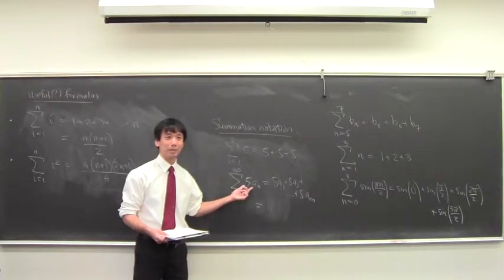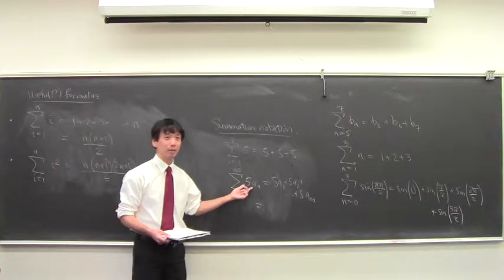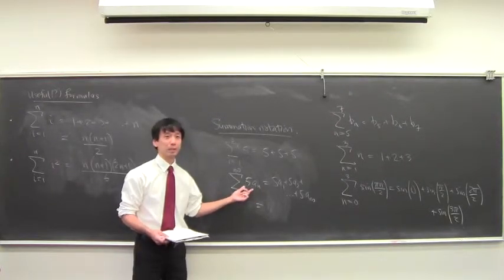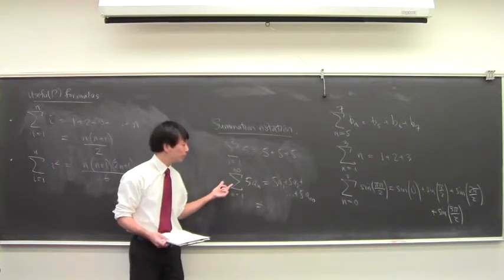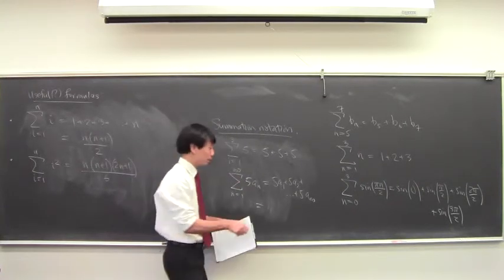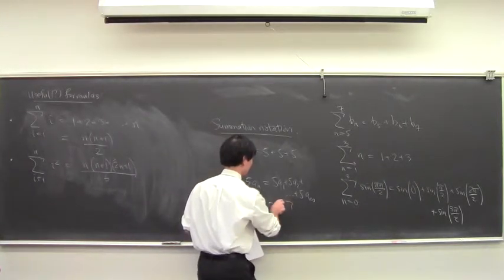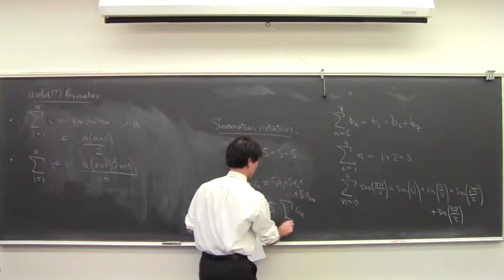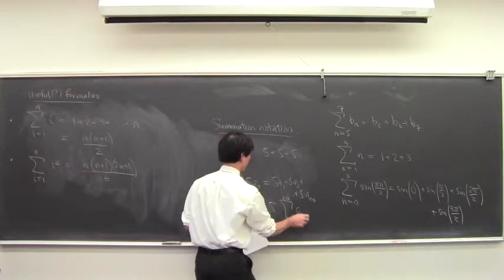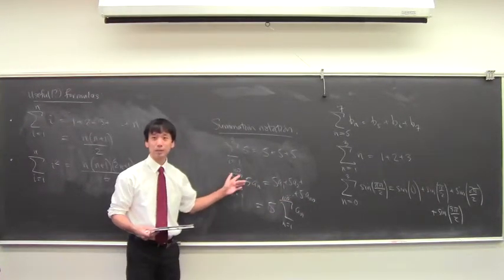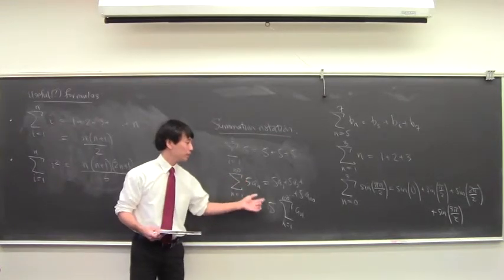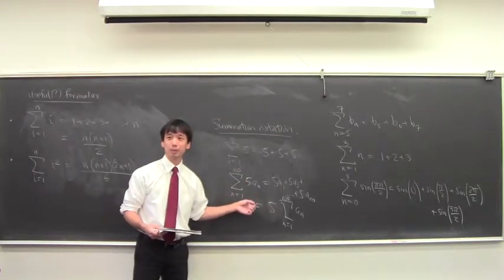What am I going to say here, Kayla? It's like 5 times the sum of just the variable. The sum of the sequence. The sequence. Yeah. So you can pull the constant down. That's all we're saying. You get 5 times the sum. Right. If I'm summing some constant times a sequence, well, that's just going to be the constant times the sum of the sequence.